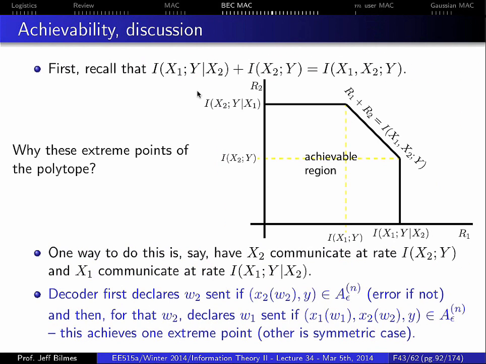So here's a way of doing it. For example, a decoder might say, the typical set decoding strategy would say, first decode W2, and do individual pairwise typicality set decoding for just x2 and y, which says find me a typical x2, y codeword for x2.